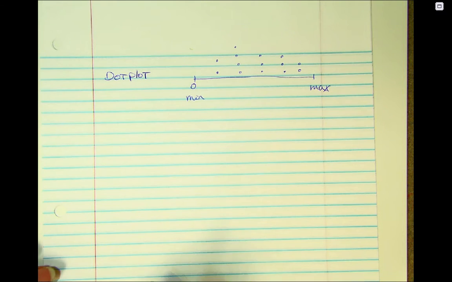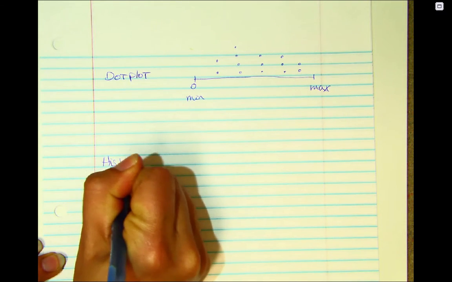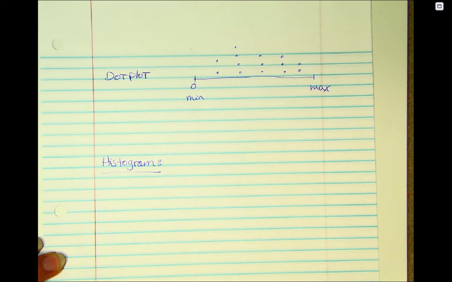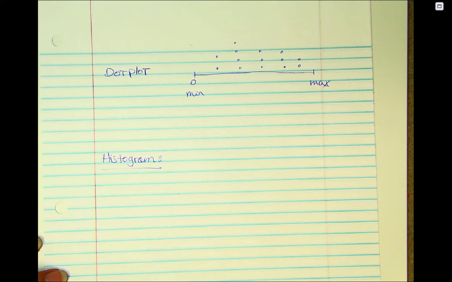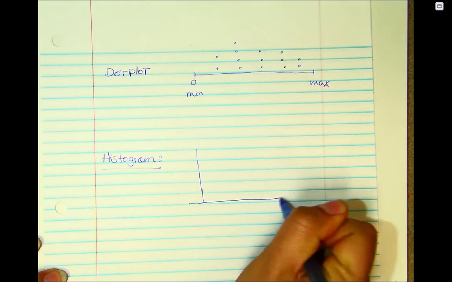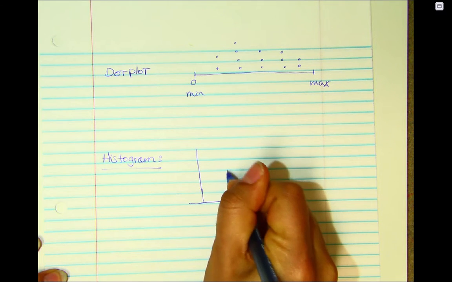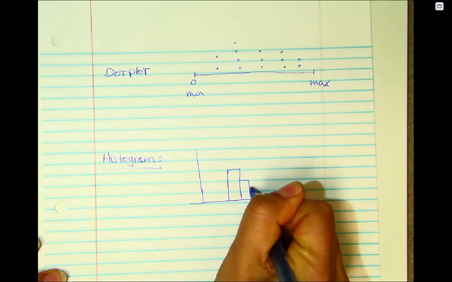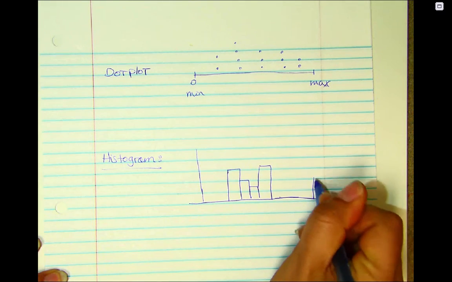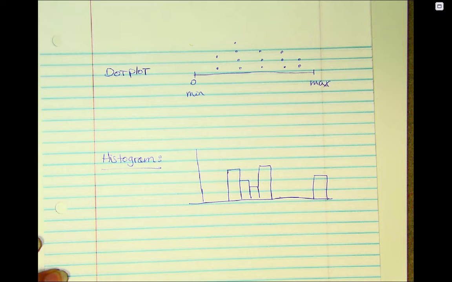The other type of graph is a histogram. So what is a histogram? A histogram is a graph consisting of bars of equal width drawn adjacent to each other, unless there are gaps in the data. So an example of a histogram is you may have things that look like this depending on your data, and then if you have outliers you may have some stuff over here.